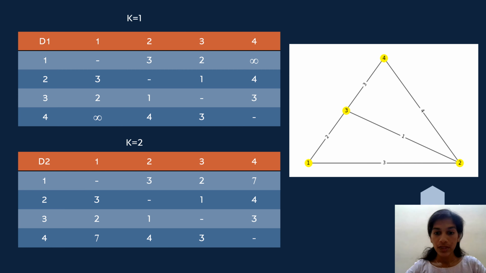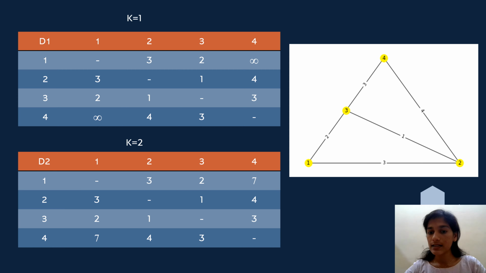So in here we see that the rest remains the same, but here for D2, if we pass through 2, if we have an edge through 2, like 1 to 4 is infinity. We know that because it doesn't have an edge between them. But if we go through 2, D1 of 1 comma 2 is 3 and D1 of 2 comma 4 is 4.